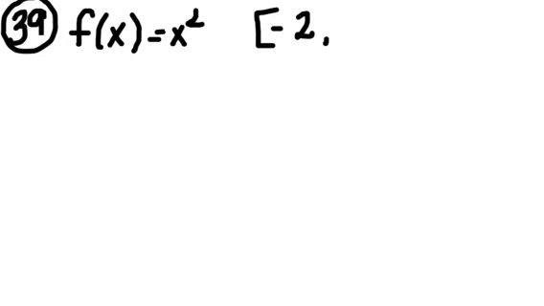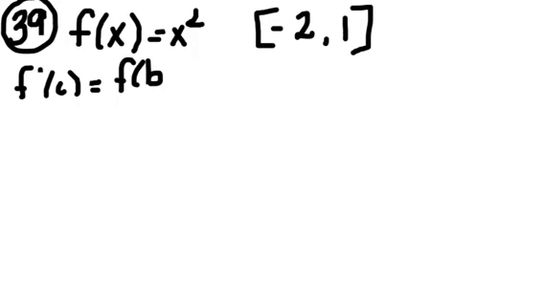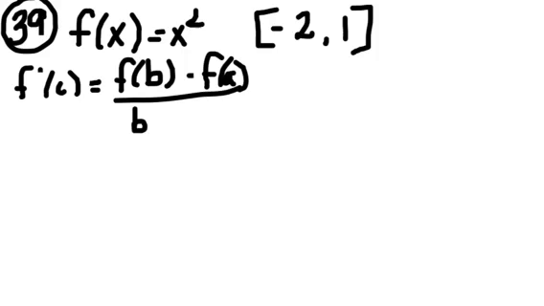And we're looking on the interval -2 to 1, and it says determine whether the mean value theorem can be applied to f on the closed interval. If it can be applied, find all the values of c in the open interval such that f prime of c, the derivative at a certain point, is f of b minus f of a over b minus a.